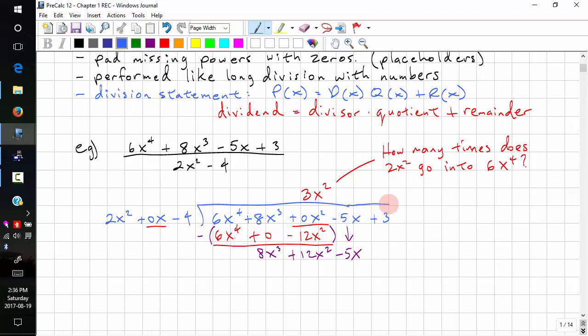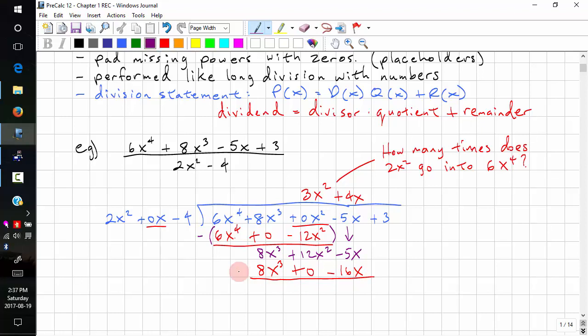And I should just extend this line a bit. Okay, now we repeat. We have 8x cubed divided by 2x squared. That's plus 4x. And we multiply our partial quotient by our divisor, 8x cubed plus 0. 4x times negative 4 is negative 16x.